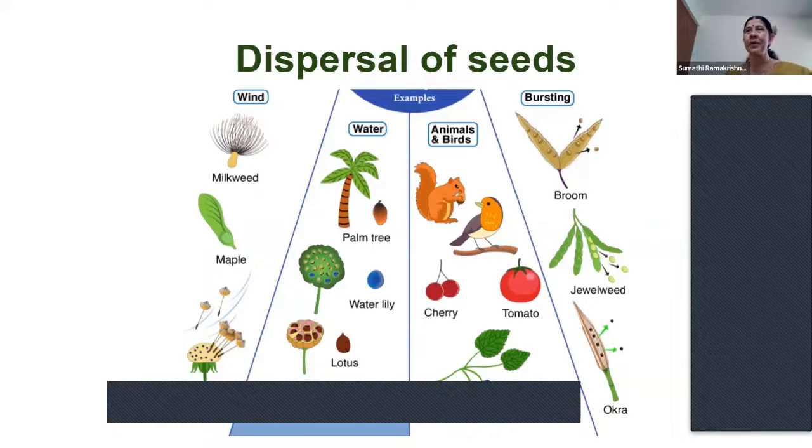Then animals and birds: based on the condition of the place and the climate, wherever seeds are dispersed by them, those plants and trees grow. And bursting: if it is matured and not removed, it automatically bursts and then it reproduces.